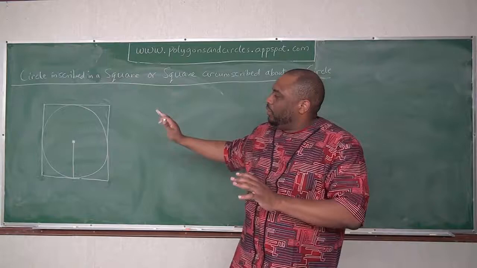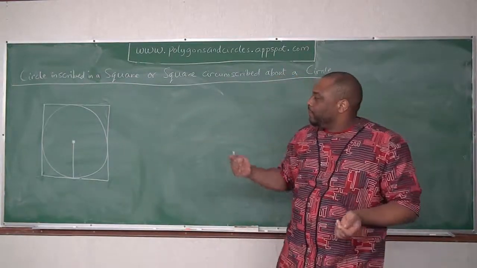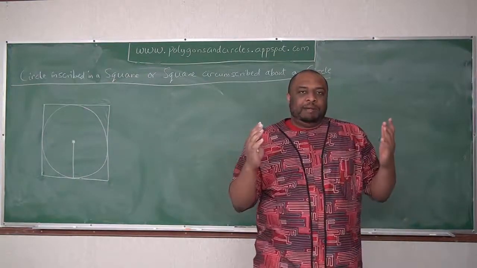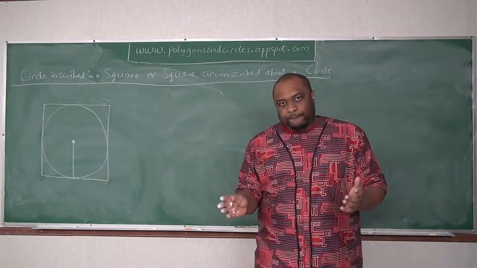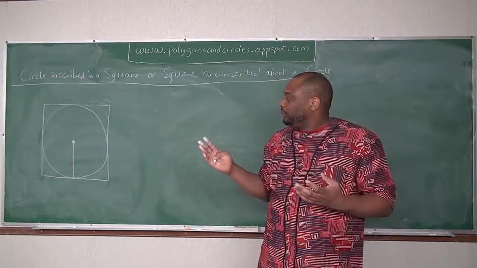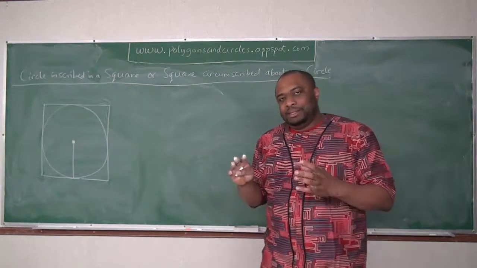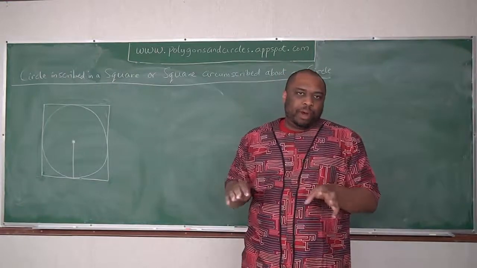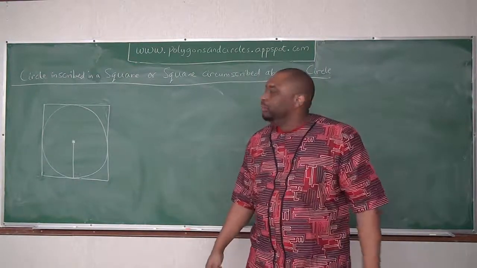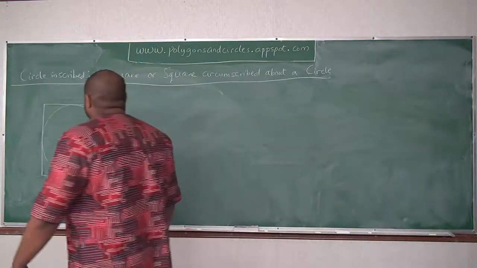So what we mean by circle inscribed in a square is that the circumference of the circle touches the four sides of the square. Or you could also say that the side lengths of the square are tangents to the circle.